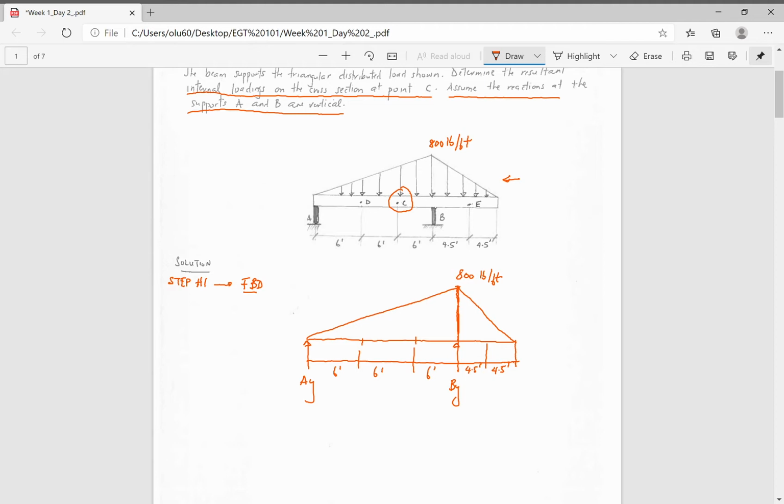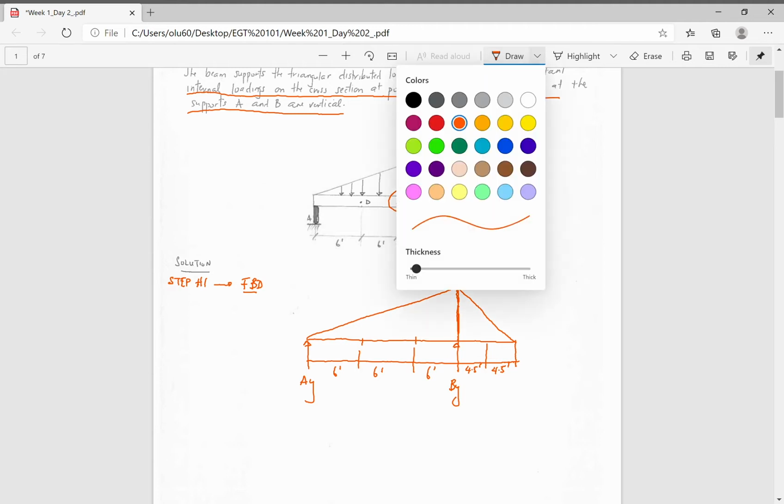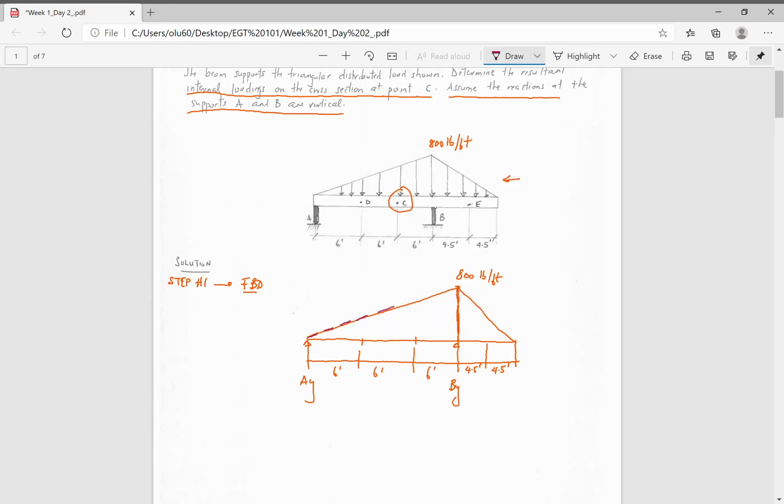Now we want to find the resultant load of this particular triangle here. Let me just use another color. It's going to reside either 2/3 from the apex or 1/3 from the base.